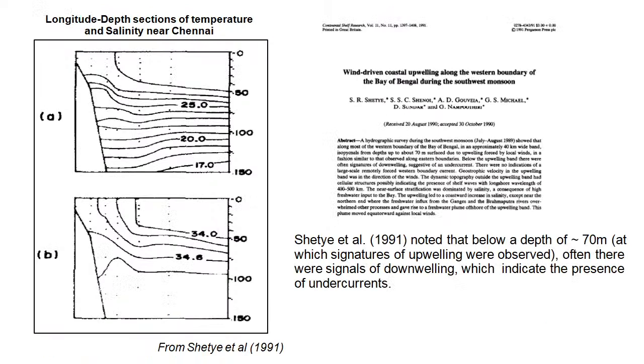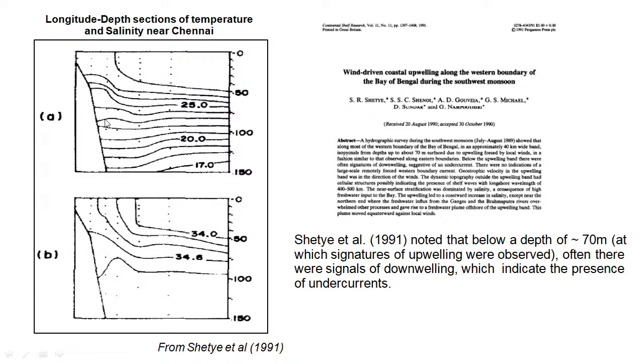Another interesting observation by Dr. Shetty's team in 1991 is that they looked at the hydrographic data on the east coast. They looked at the cross-shore sections of temperature and salinity. What they noted is that there are regions where we have upwelling near the surface, maybe 50 to 70 meters, but below that there are signals of downwelling.